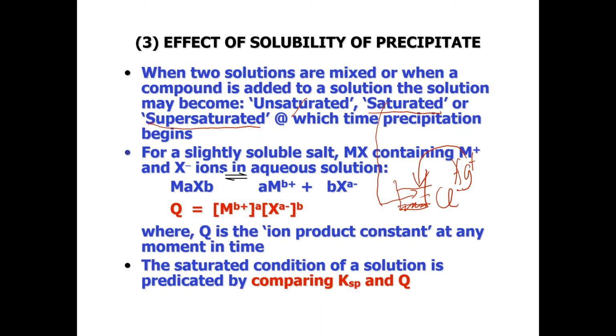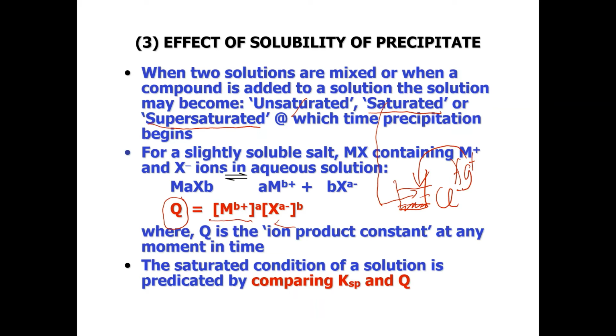We can predict whether a precipitate will form or not by comparing the value of Q. Q has the same formula as KSP, Ag plus times Cl minus.